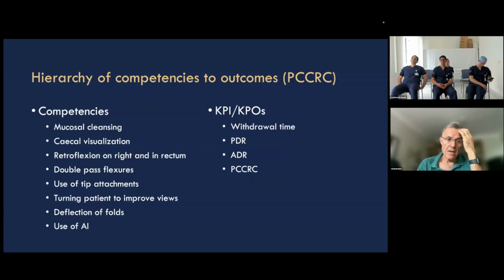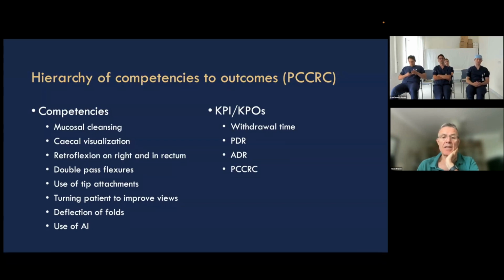Now, we have hierarchies of competencies to outcomes. So if we look at post-colonoscopy colorectal cancer, we may say that we need to apply certain competencies to make sure we don't miss anything. And I've listed a few of those competencies on the left there.